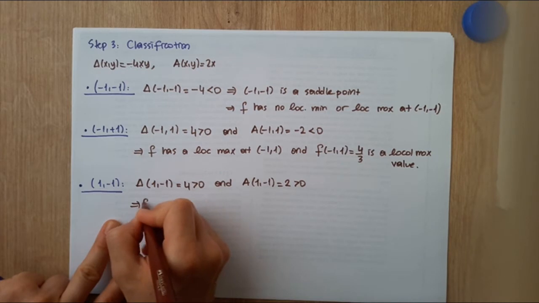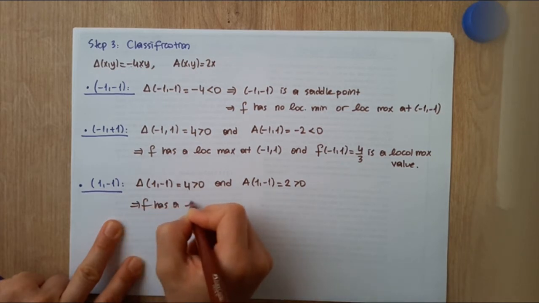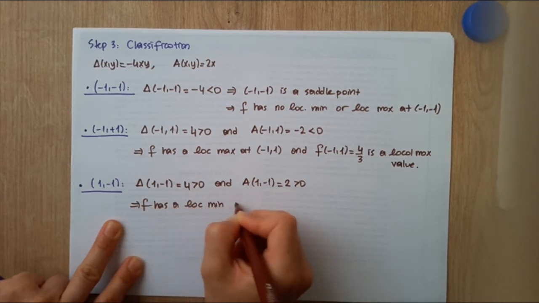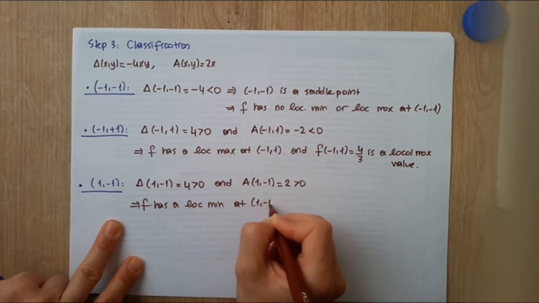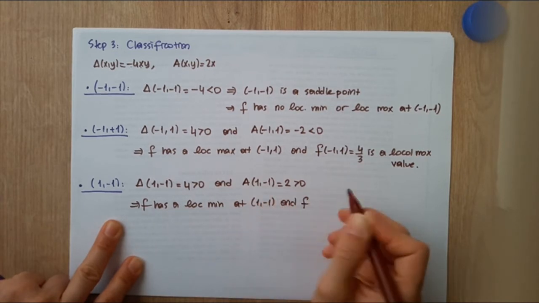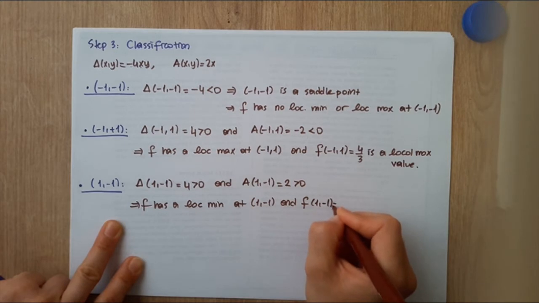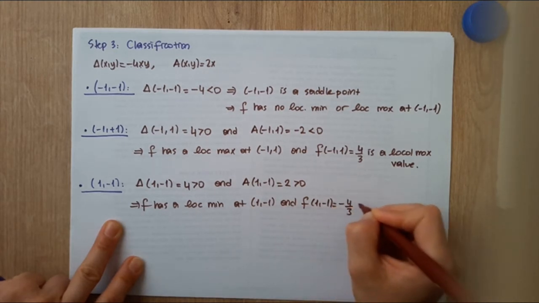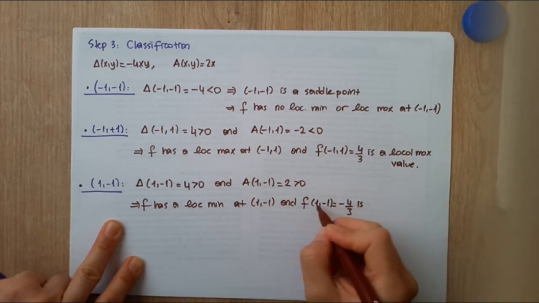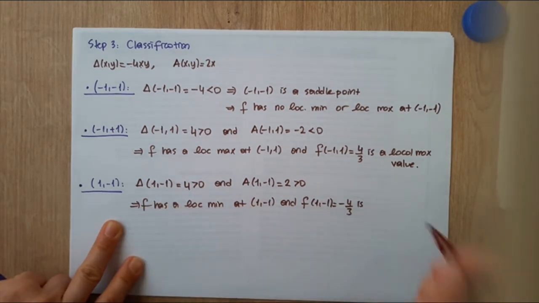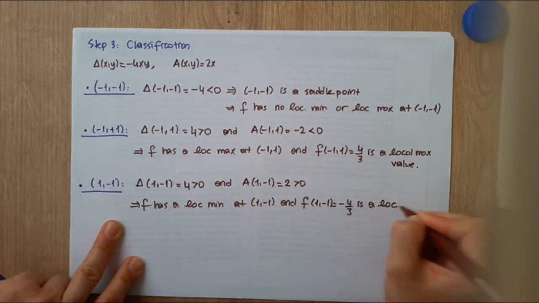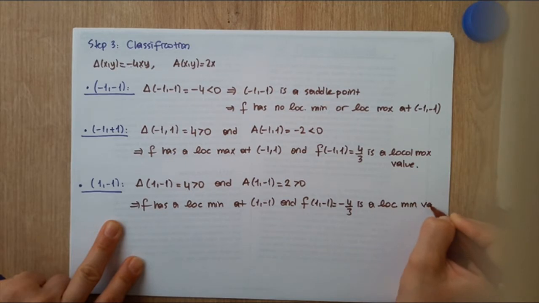So f has a local minimum at (1, minus 1), and the local minimum value is minus 4/3. This can be obtained by substituting the point in the function.